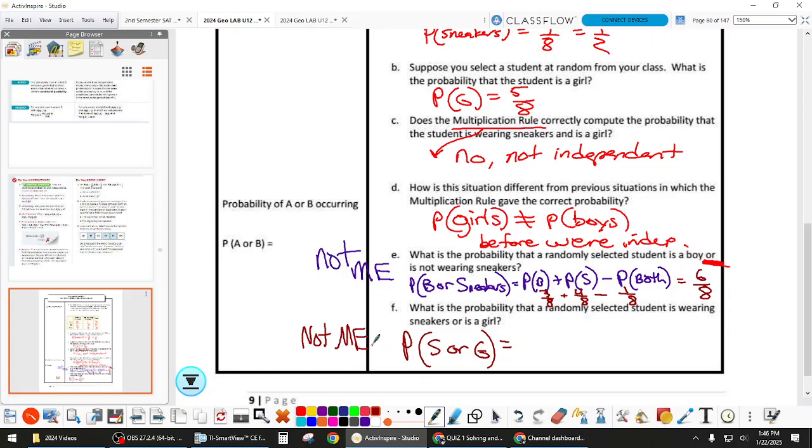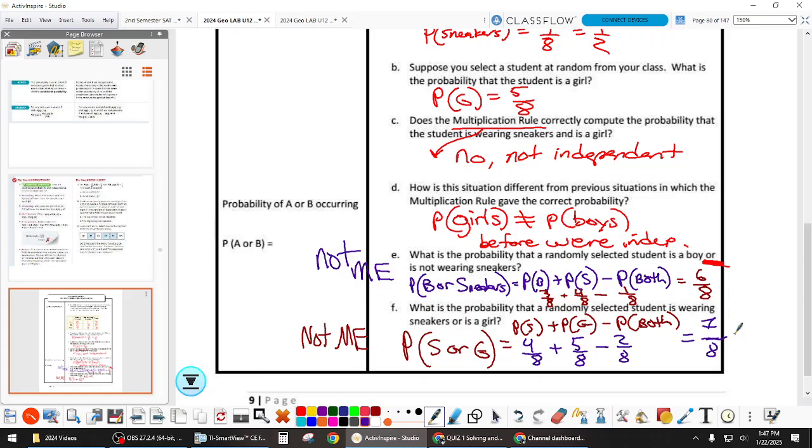So probability of sneakers or girls, same thing. Meaning we have sneakers plus girl minus both. What's the probability of sneakers again? 4 out of 8 plus probability of a girl 5 out of 8 minus both a girl and sneakers 2 out of 8. So that is 7 out of 8. We have a pretty good chance of hitting on that one, don't we?